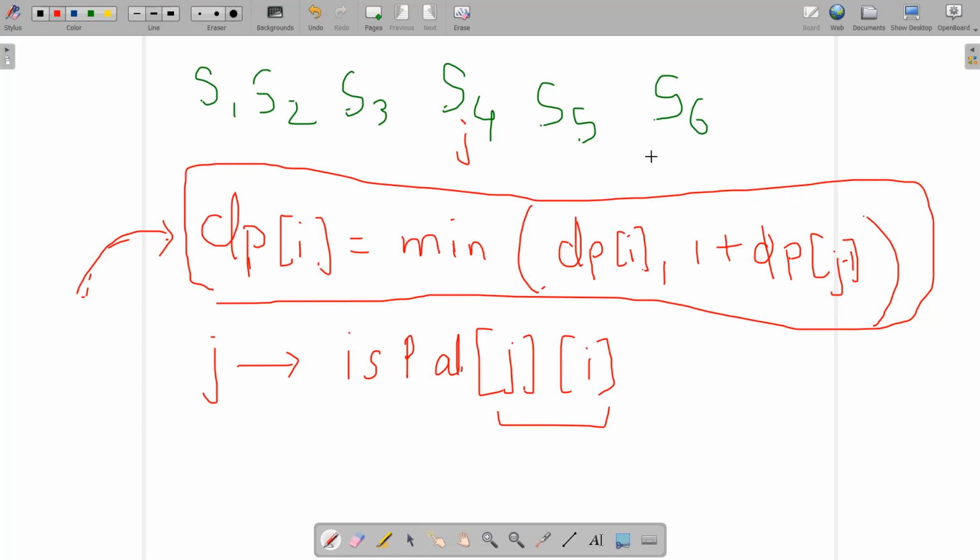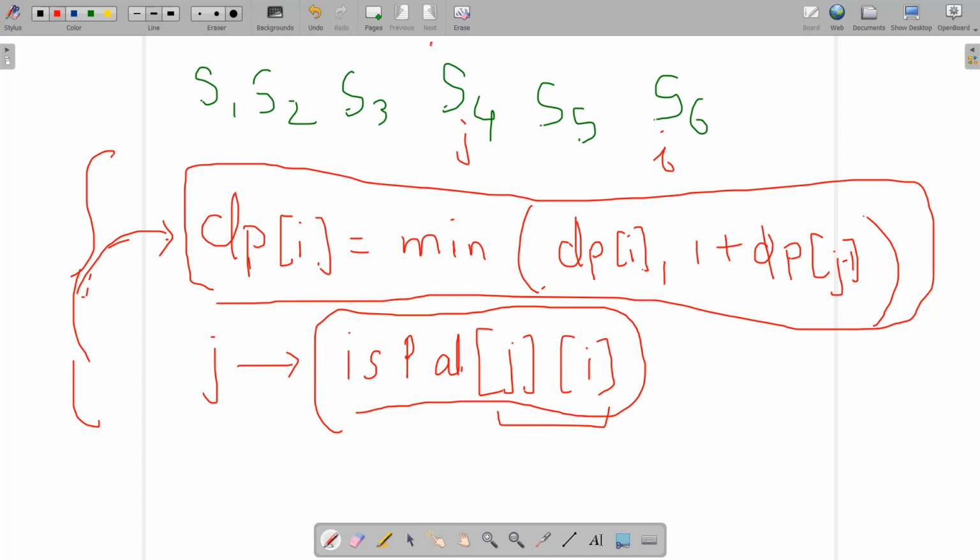According to this formula, if is palindrome of j and I, starting from the character j, this s4, up to this current one, is a palindrome, then you are going to do this operation. The operation is minimum of dp of I and 1 plus dp of j minus 1. Note that j minus 1 is this one.